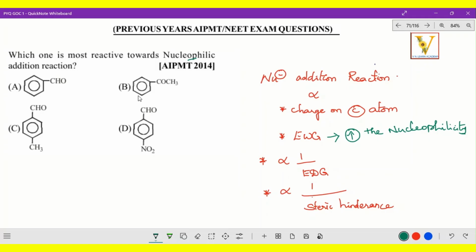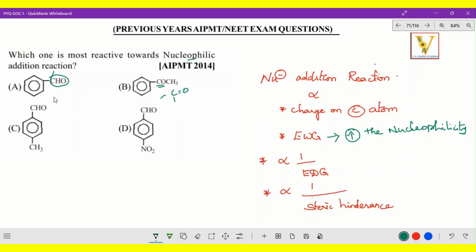Benzaldehyde, acetophenone, tolualdehyde and nitrobenzaldehyde. This is toluene with an aldehyde group attached, that is tolualdehyde. Generally, the aldehyde group is the most reactive towards addition reaction, that is nucleophilic addition reaction, whereas this is a keto group, C double bond O. This keto group has steric hindrance; generally aldehyde is more reactive than ketone, right?